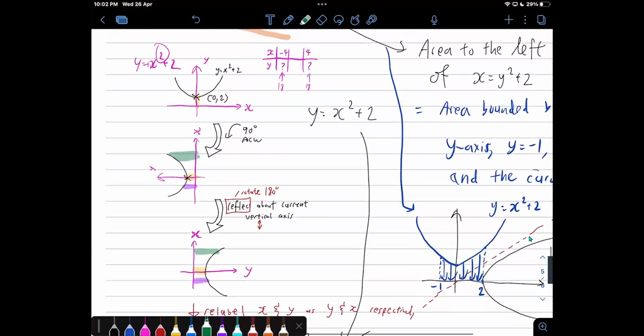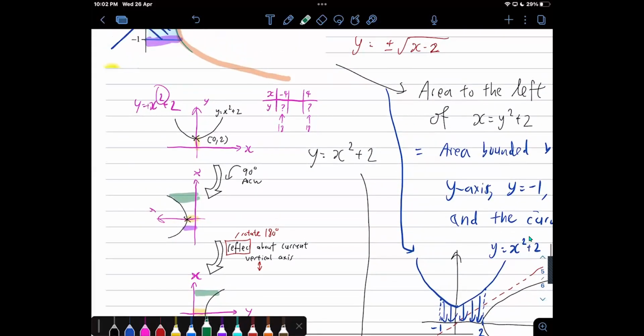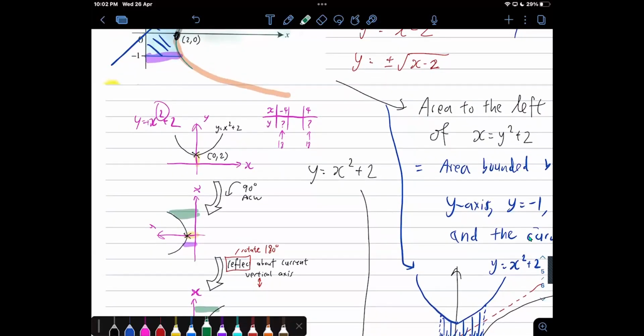So that means now if you rotate 90 degrees anti-clockwise, just now you rotated 90 degrees clockwise, to work backwards. So you end up with the green line over here and the purple line over there. Can you see that? Then the area is bounded between the curve, the two vertical lines, and a particular axis.